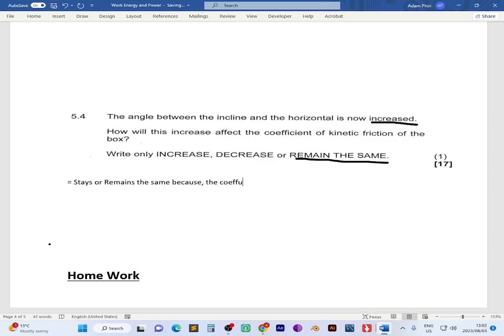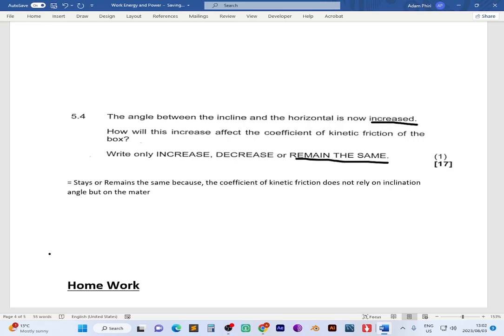It stays the same, because remember, the coefficient of kinetic friction does not rely on the inclination. It doesn't depend on the angle, but on the material type, so on the nature of the material.